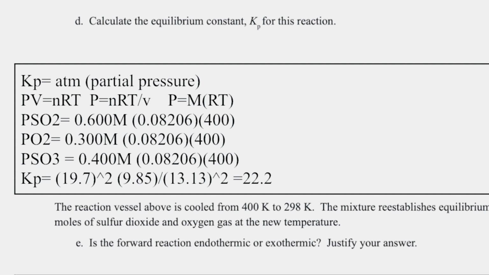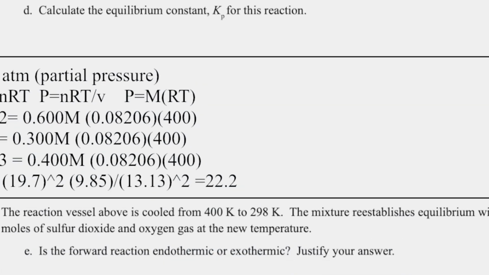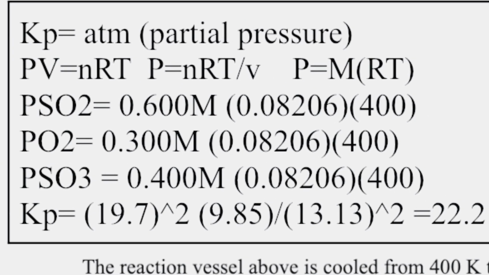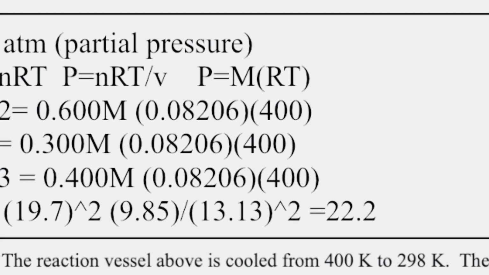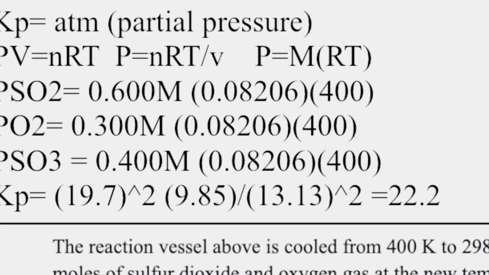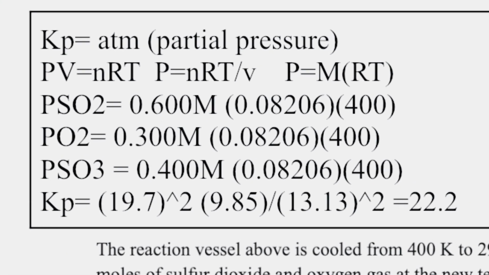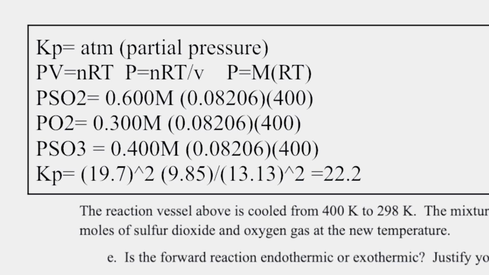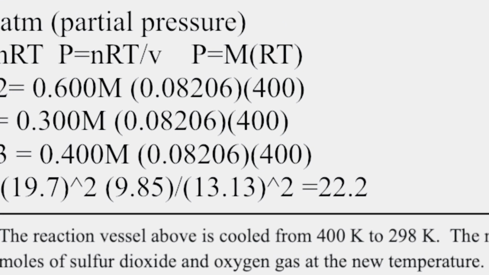So we're going to do that: parentheses 0.0206 times 400, and then we have PO2, which is equal to 0.3 M, and the same constant as the previous one. And then for PSO3, we have 0.4 M and the same constant, which is 0.0206 times 400.